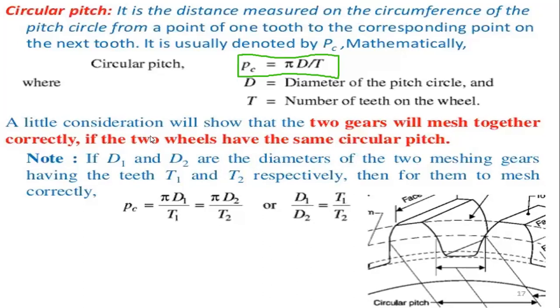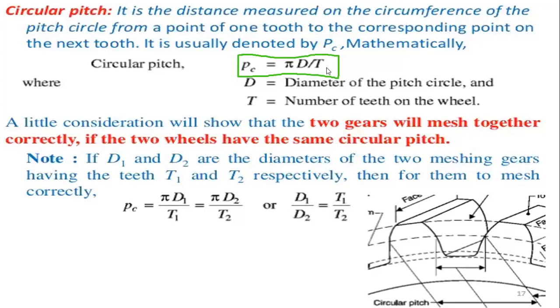So the two gears which will be meshing together must have the same circular pitch, and the circular pitch is equal to pi D1 by T1, that is the first gear diameter by teeth of the first gear, which is equal to pi D2 by T2, the second gear diameter by second gear teeth.